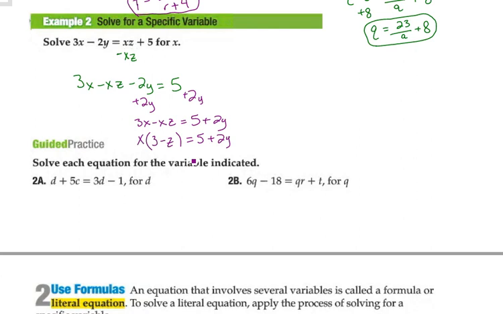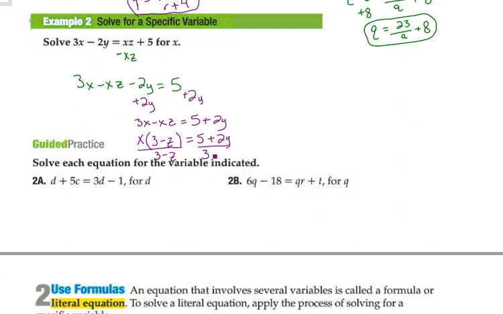Okay, I'm getting closer because I have only now one x, which is much better than this ugly mess up here. Now I have to figure out what I'm doing with that x. X times the quantity 3 minus z. Well, I'm multiplying. So in order to undo multiplication, I have to divide by a 3 minus z. Okay, notice I'm taking the parentheses away.